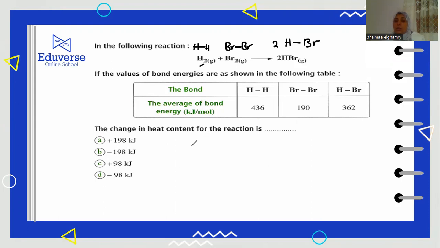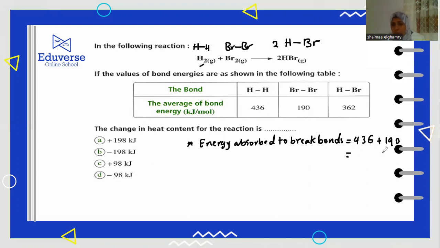So we are going to calculate the energy absorbed to break bonds, which are 436, the bond energy between hydrogen and hydrogen for the reactant, plus 190, which equals 626 kilojoule per mole. This is the energy absorbed to break the bonds.